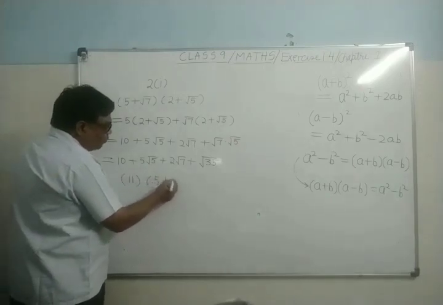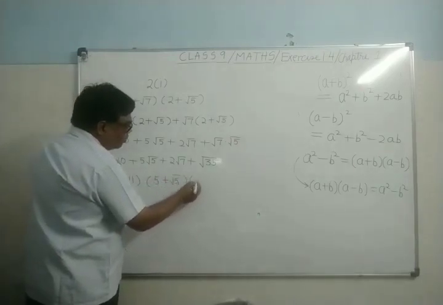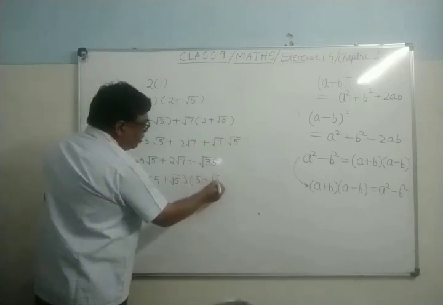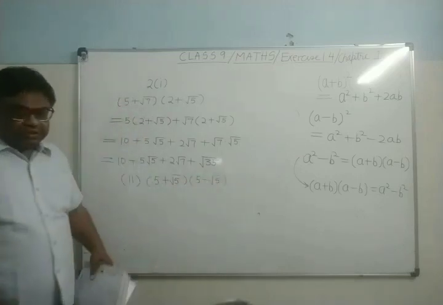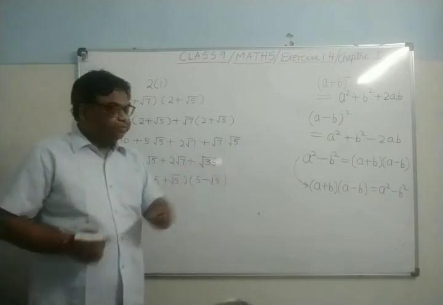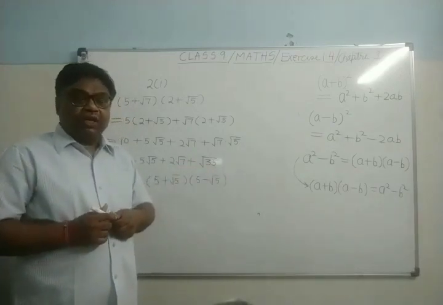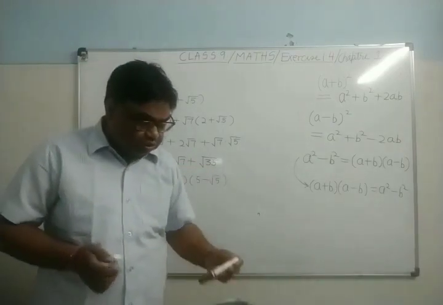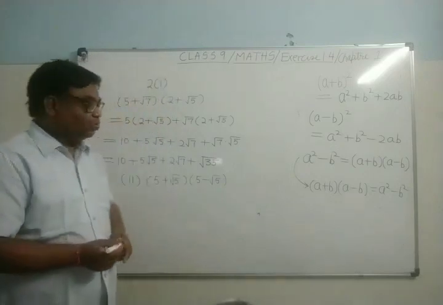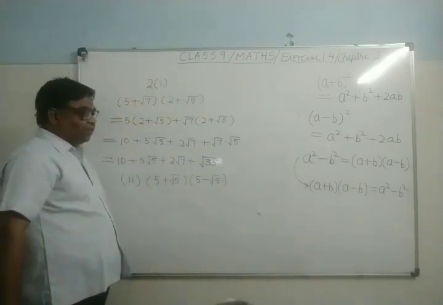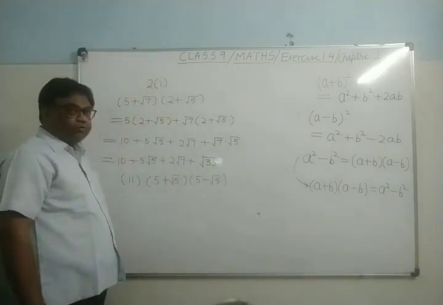5 plus root 5 into 5 minus root 5. If you see here, it is based on which formula? A plus b into a minus b equals a square minus b square. So what is in place of a? 5. In place of b, root 5.